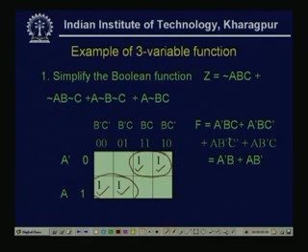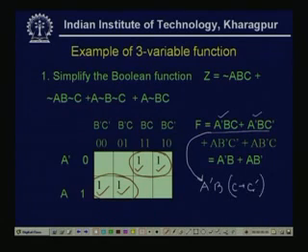In other way, if I write the min terms of the first couple, this will be a bar b c and a bar b c bar. If I take a bar b common, then c plus c bar, and c plus c bar is nothing but 1. So, this will be a bar b.